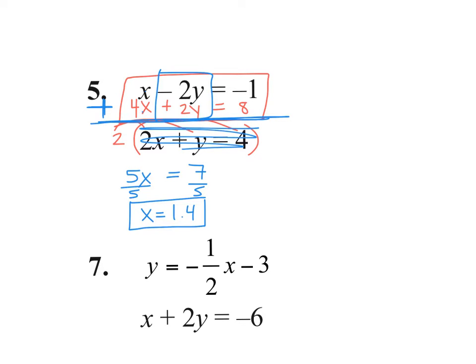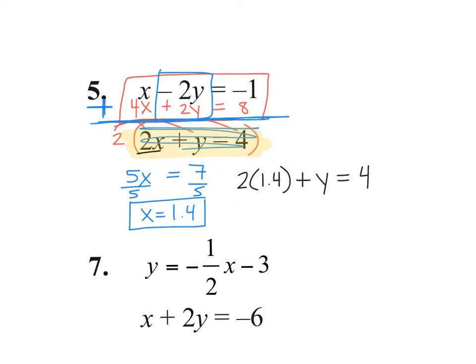Now what I would do is I would plug that in, and I would actually plug it in to this equation, the bottom one, but you may plug it into any of the three that you see there right now. I just think it's easiest to plug it into that bottom one with the numbers you have there. So it's 2 times x, so 2 times 1.4 is our x value, plus y equals 4.